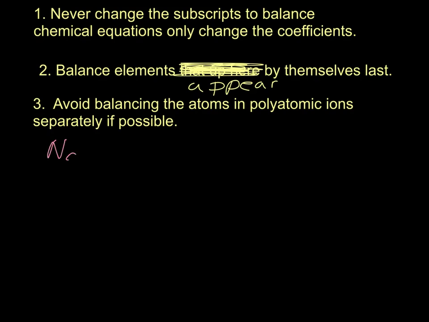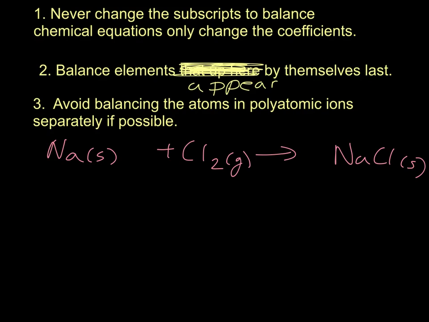Perhaps the easiest reaction we could do is to make some table salt. Alright, I want to make some table salt, so I react sodium solid with chlorine gas. First thing I do is take inventory.